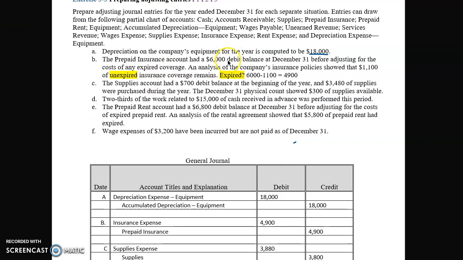Prepaid insurance had a $6,000 balance on December 31st before adjusting for the cost of any expired insurance. An analysis of the company's insurance policy showed that $1,100 of unexpired insurance remains. Okay, so on December 31st, we're looking at the prepaid insurance account.